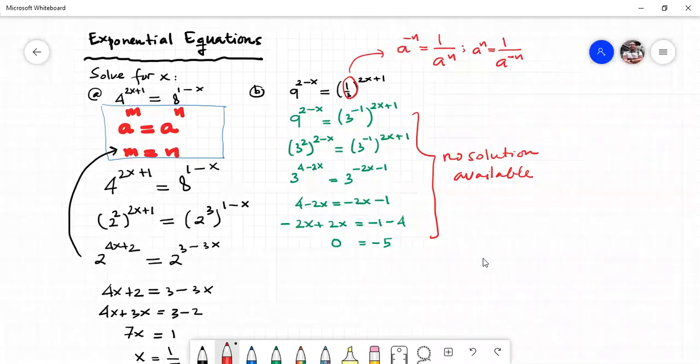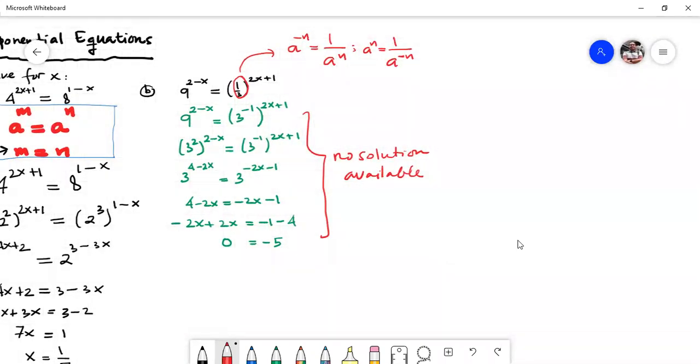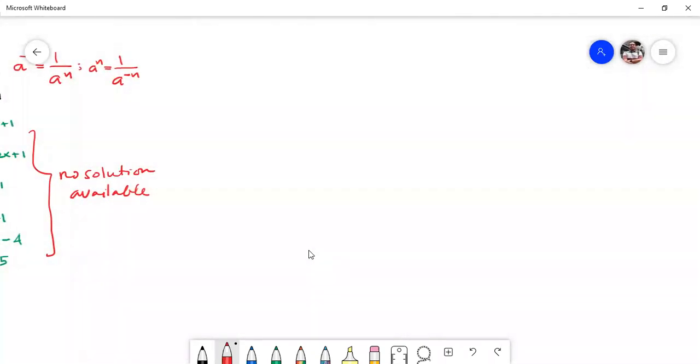Okay, now we continue with the next question. I put here, this is my 3rd question. We still try to figure out the solution of x. We try to figure out what x is. Okay, so here it is, the problem we have now.